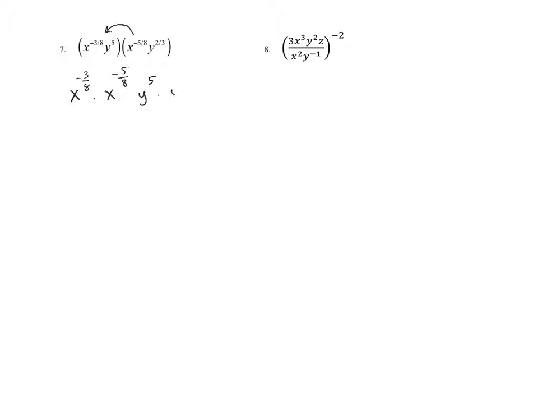So multiply. Okay, first thing I'm going to do is just use commutative property. I'm going to commute this x out here. So I've got x to the -3/8 times x to the -5/8, and then I have y to the 5th times y to the 2/3, and then I can use the product rule of exponents. I get to just add these.